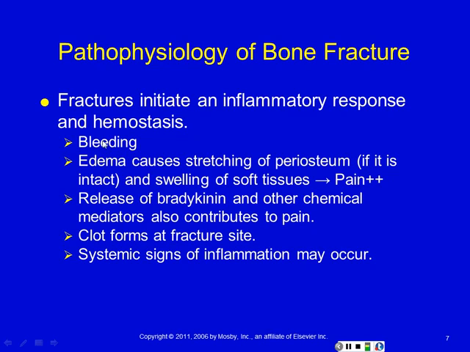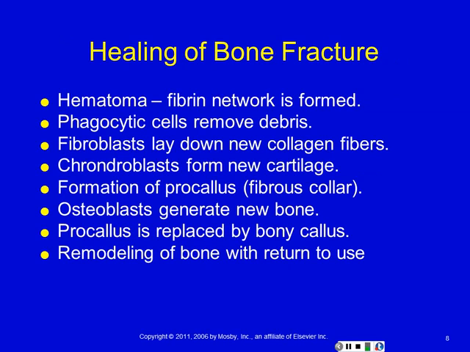So the bleeding eventually forms a clot, and then that clot is what starts the process of healing by forming the internal and external callus. All right. So the pathway for healing, first you have a hematoma. A hematoma is just an area where bleeding has occurred into a confined space.